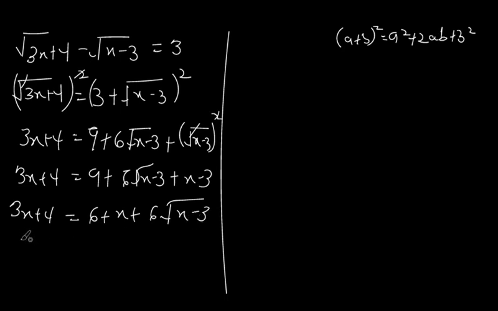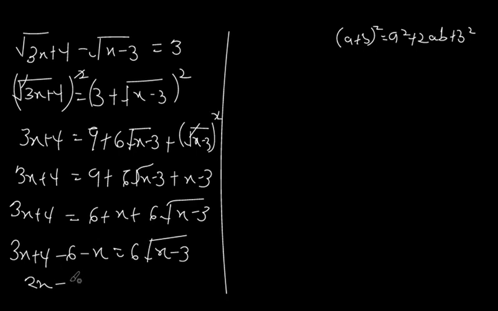Sorry about that. So we just bring the 6 plus the x to the other side of the equal to sign, so we have 3x plus 4, then minus 6 minus x is equal to 6 root of what? X minus 3. So from here 3x minus x will give us 2x, 4 minus 6 will give us negative 2 is equal to 6 root of x minus 3.